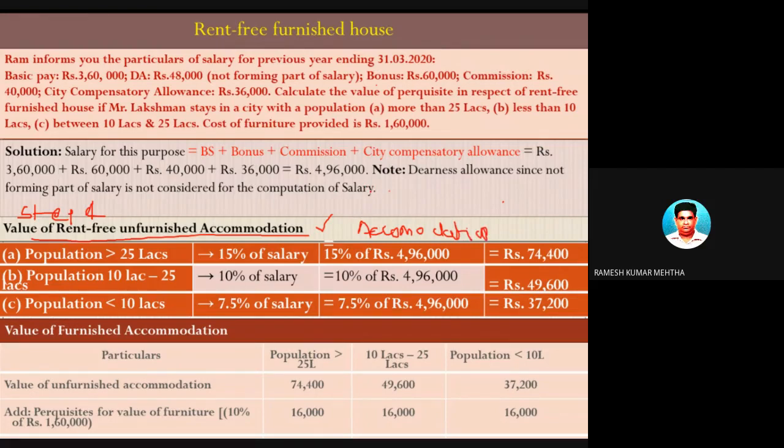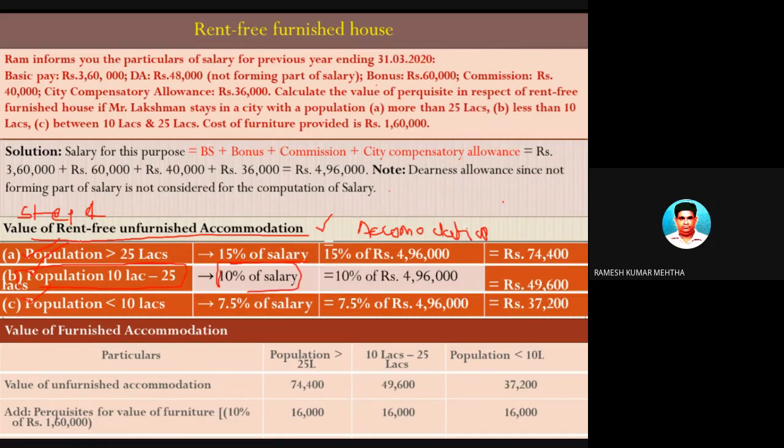I told you in the last class the value of the accommodation provided by the employer to the employee in private employment. There are three rules. If the population where the house is provided is more than 25 lakhs, it is 15% of the salary. If the population is between 10 lakhs and 25 lakhs, the value is 10% of salary.